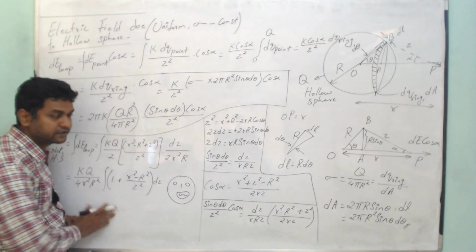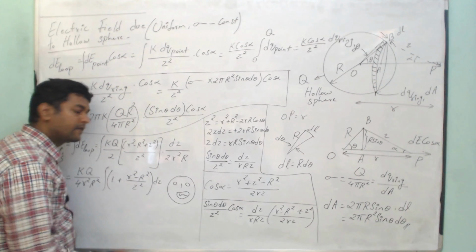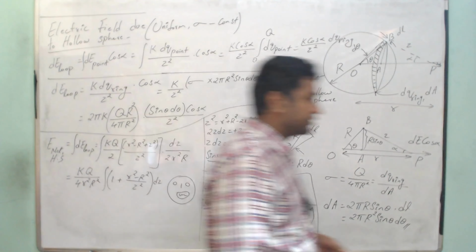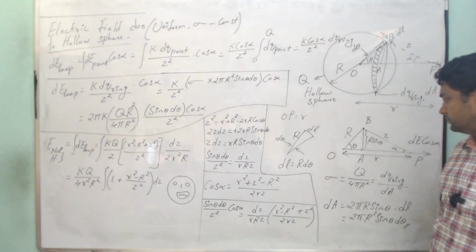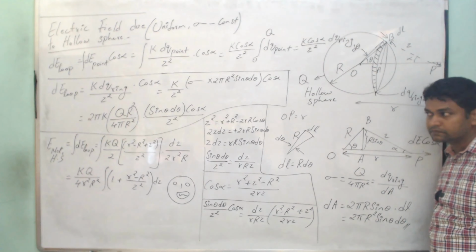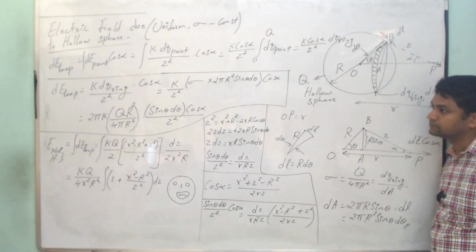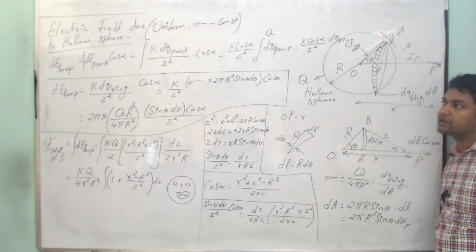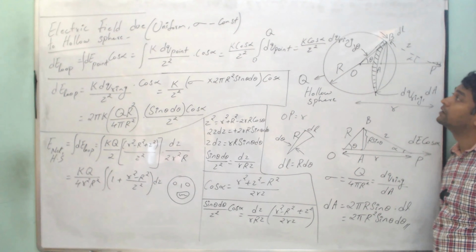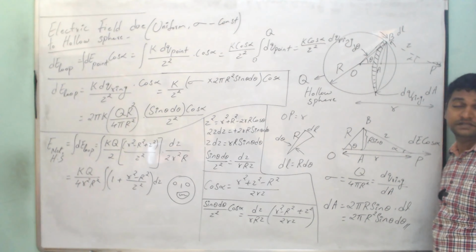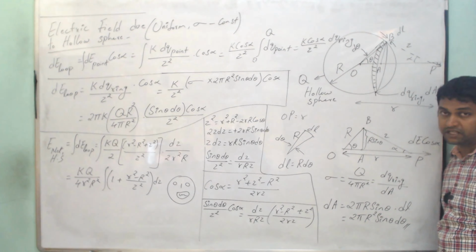Yes, sir. Is it clear? Yes, sir. Xerox still here? Sir, I wanted to ask, you could take a symmetric element from A downwards, so D will be towards the opposite side. A in this figure is the center of the loop or ring.